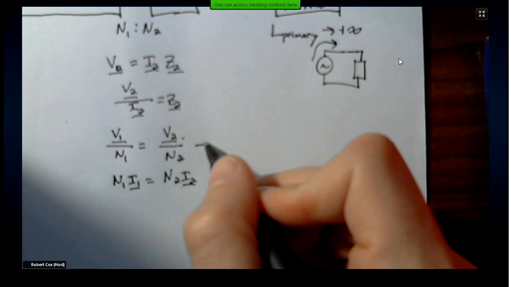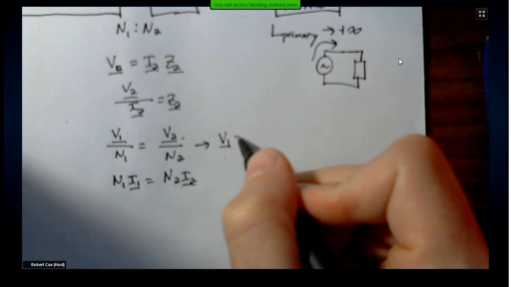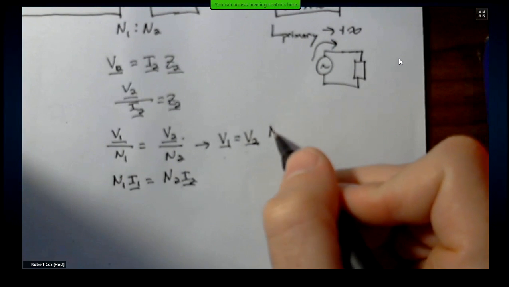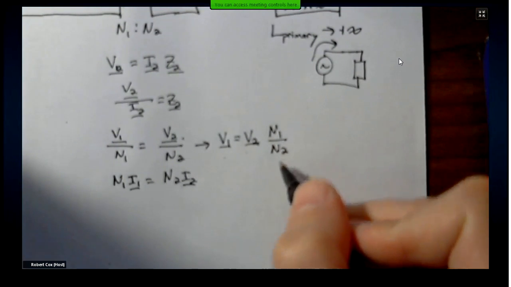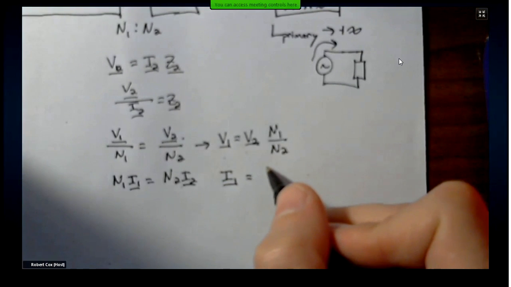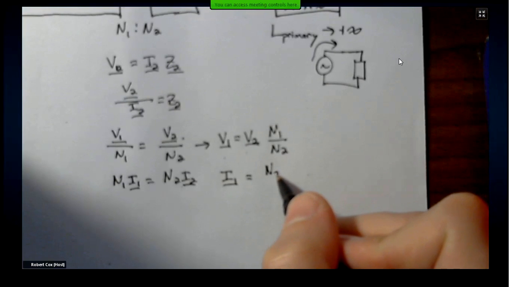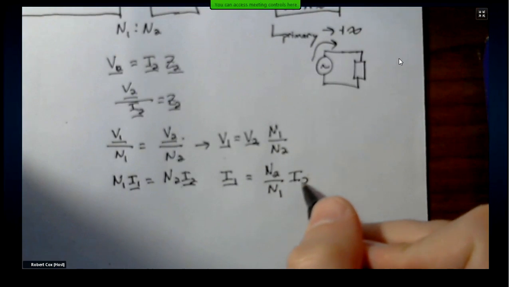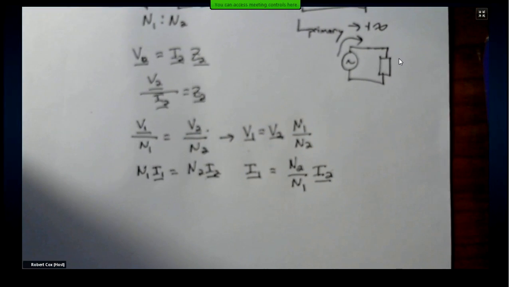So I can rearrange this as V1 equals V2 times N1 over N2, and I1 equals N2 over N1 times I2, okay?